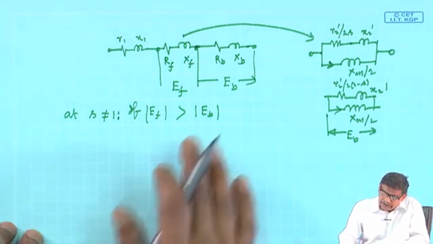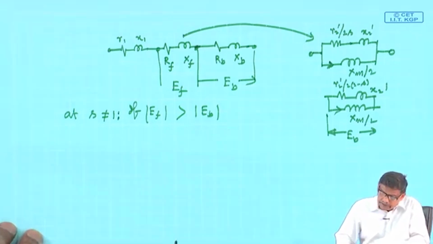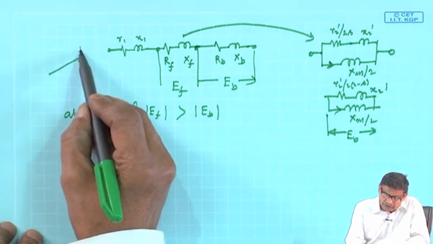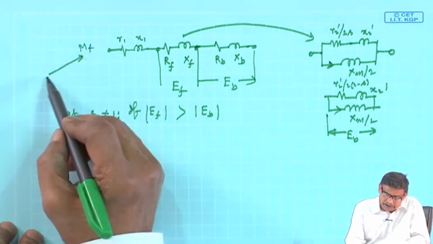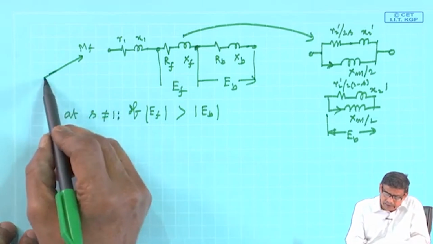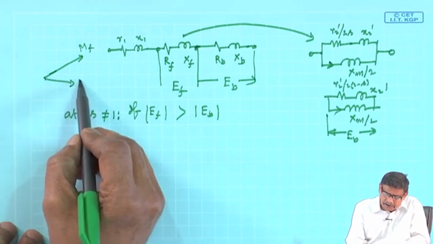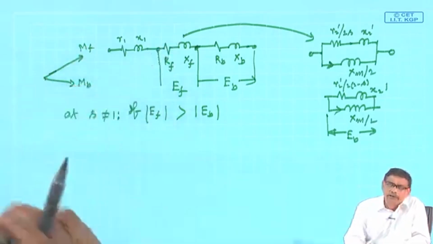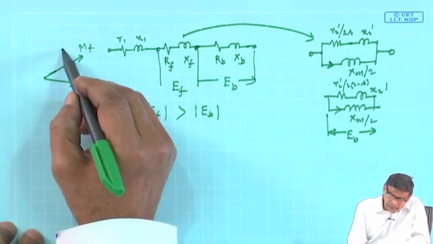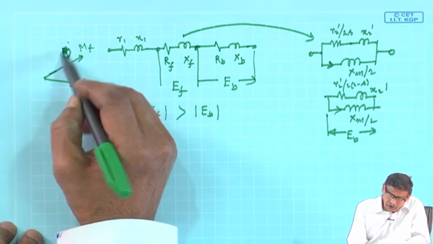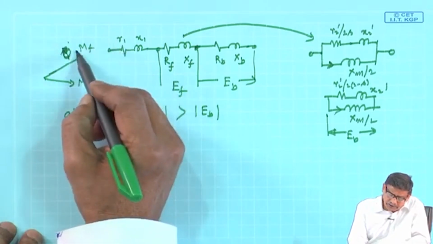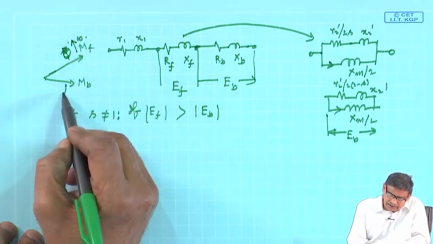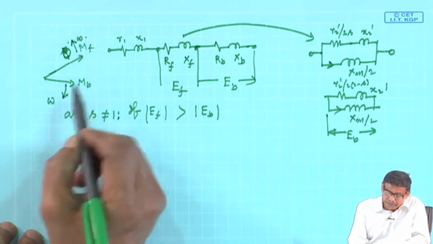So, if this is the case, then the strength of the forward field, if it is like this, M b, the strength of the backward field will be less, this length will be less, and it is moving in the forward direction. Suppose the forward direction is this way, omega, this is the backward direction.